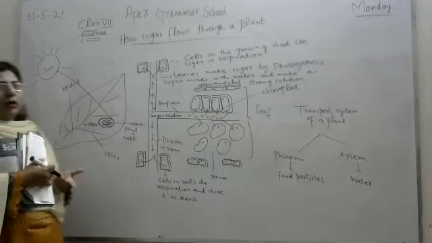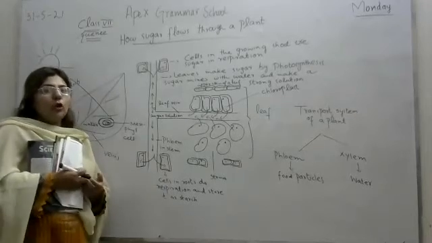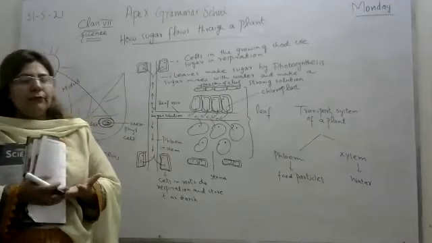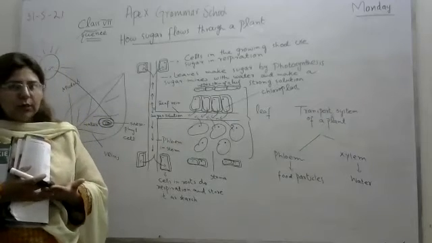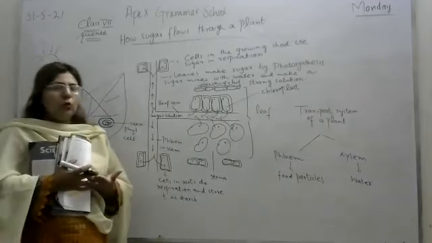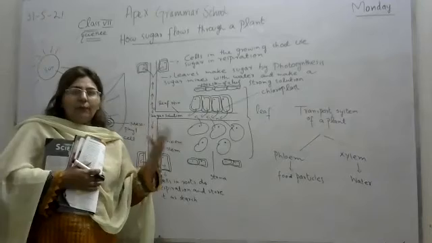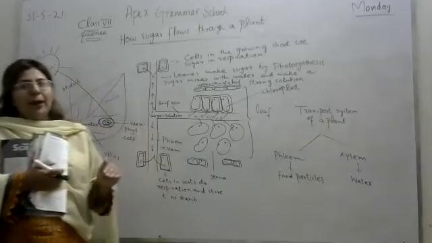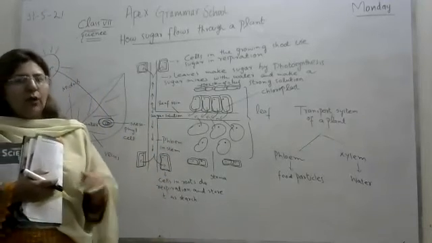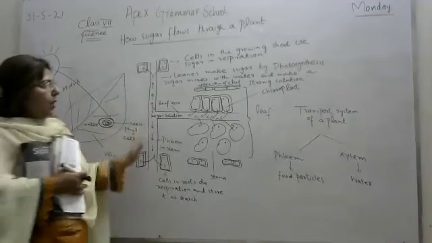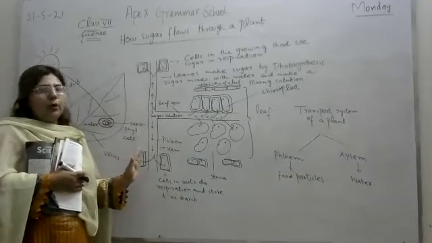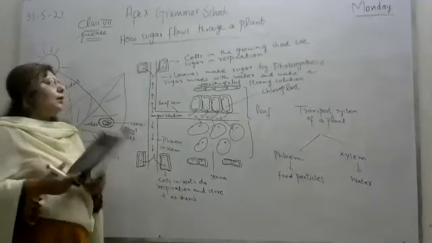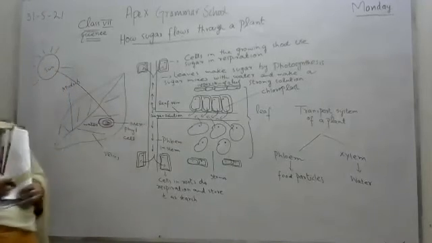All plants do not have specific organs, but they also need food. So they prepare food in the form of sugar solution, and that sugar solution goes to the parts of a plant which are above the ground and all the parts which are inside the ground. In this way, a plant gets its food properly, and then it can grow. I hope you understand the chart of how sugar flows through a plant.